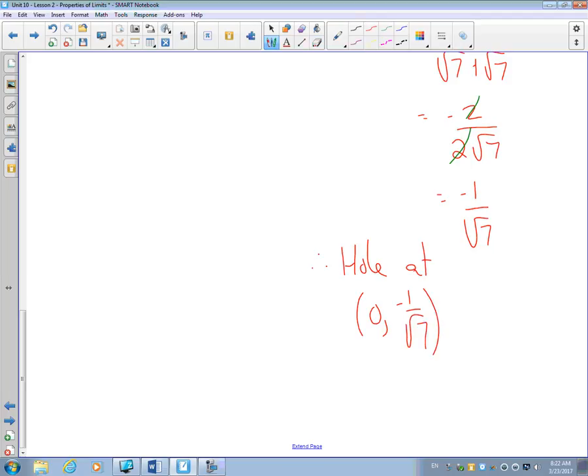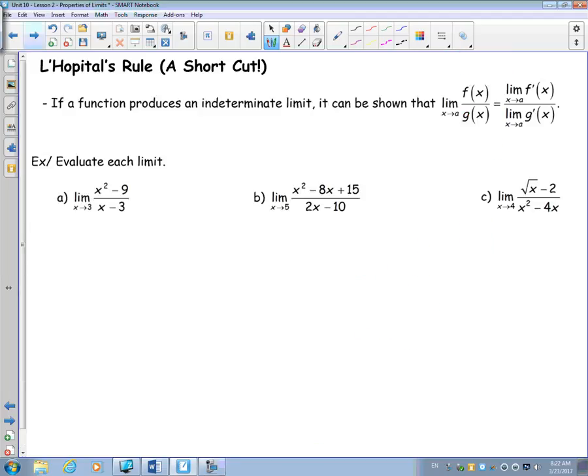Now, that was painful. It wasn't hard, but there's lots and lots of steps to go through to rationalize something. So, a bit of a shortcut for us. It turns out that for things that involve holes, we can use a shortcut. We call it L'Hopital's rule.